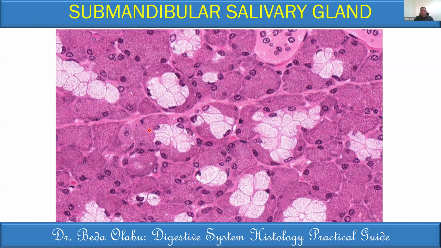A serous demilune is an arrangement where you have a mucus acinus with a serous cell around its region. So the serous cell forms a cup around the mucus acinus. That's what we call the serous demilunes, very unique to the submandibular gland.